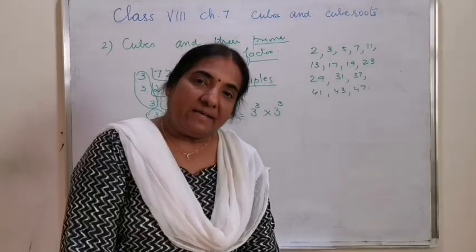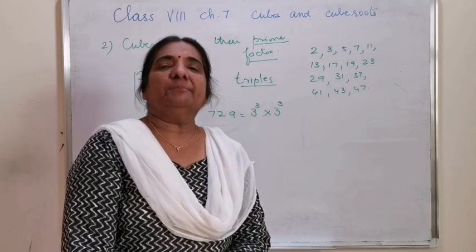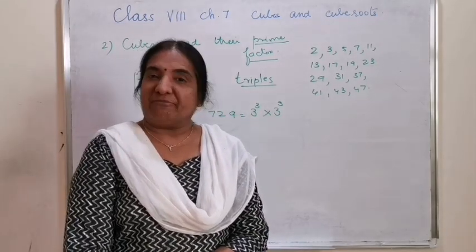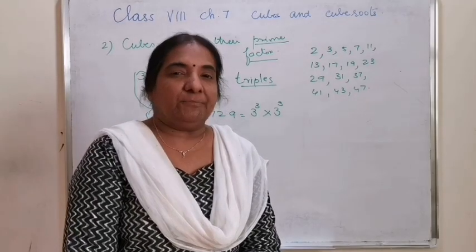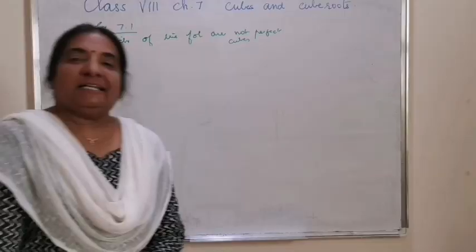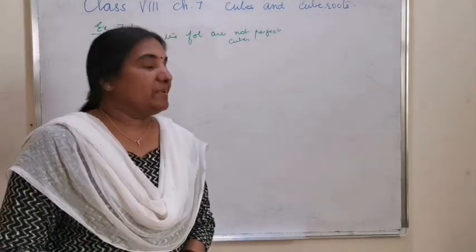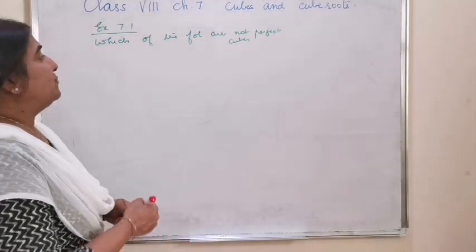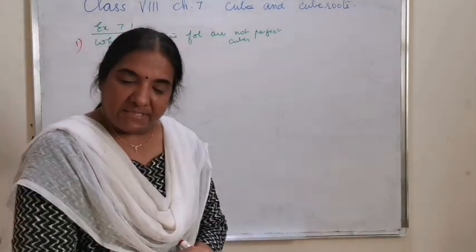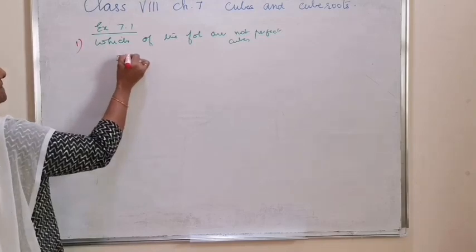Thus, the property is any cube number can be expressed as the product of prime factors, but the prime factors should occur in triples. Exercise 7.1. Question number 1. Which of the following are not perfect cubes? The first question is 216.